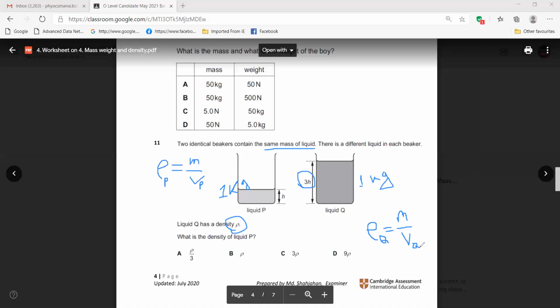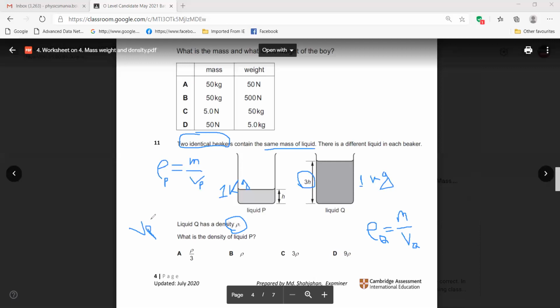For both of them, they are saying identical beakers. If they are identical beakers, that means they have the same cross-sectional area, right? And from there we can find it is a cylindrical shape object.